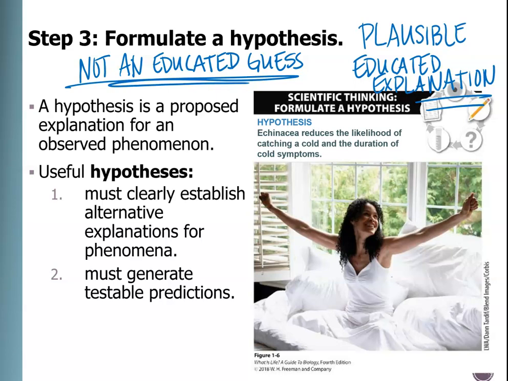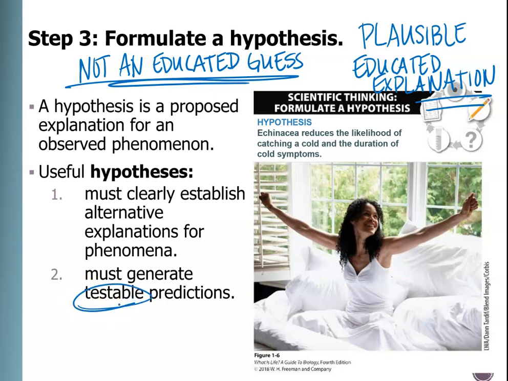So a hypothesis is going to establish alternative explanations. So there is not necessarily one answer to your question, and you have to be able to test it. It has to be testable.